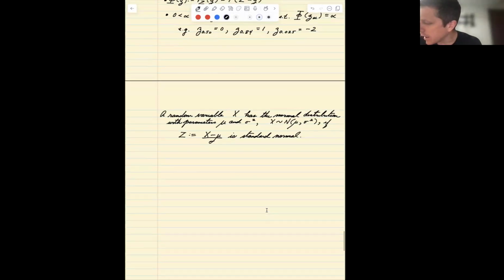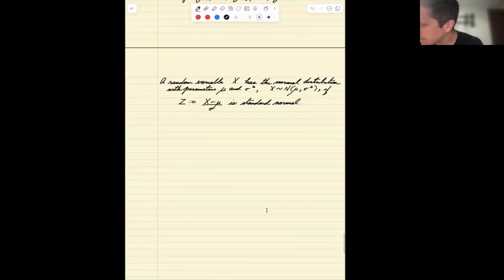Or alternatively, we let z be normal 0, 1, which is standard normal. So standard normal has parameters 0 and 1, and we define x as sigma z plus mu.